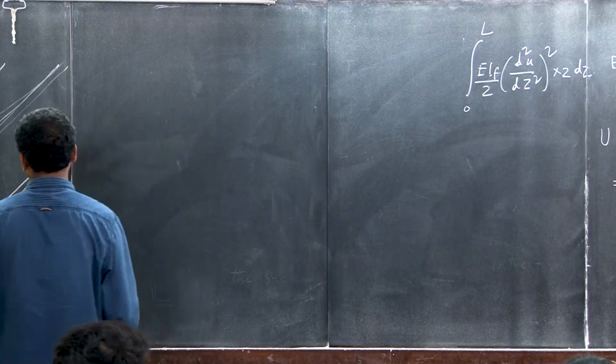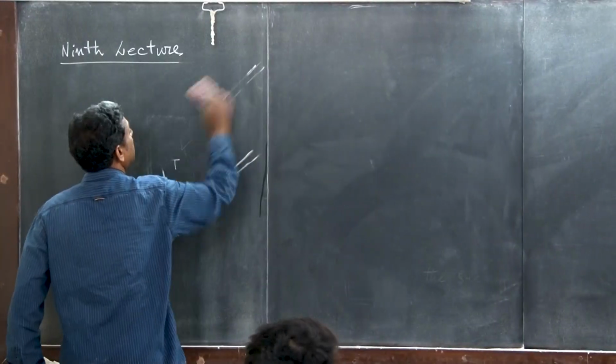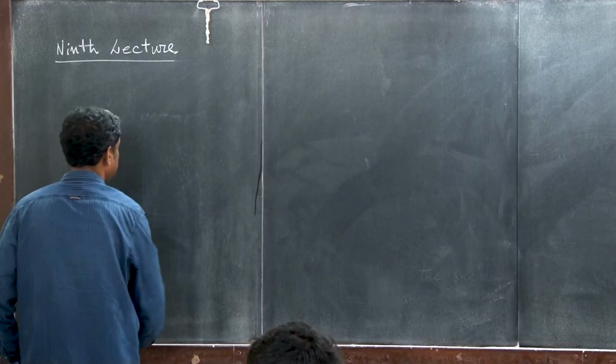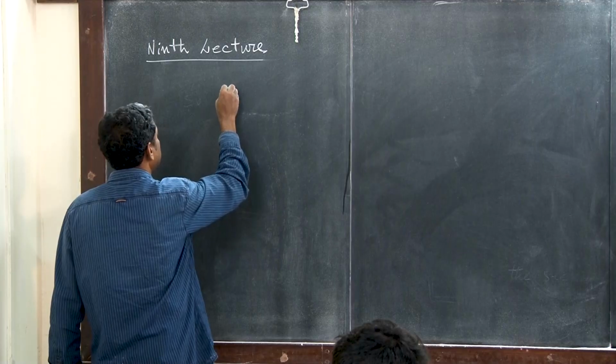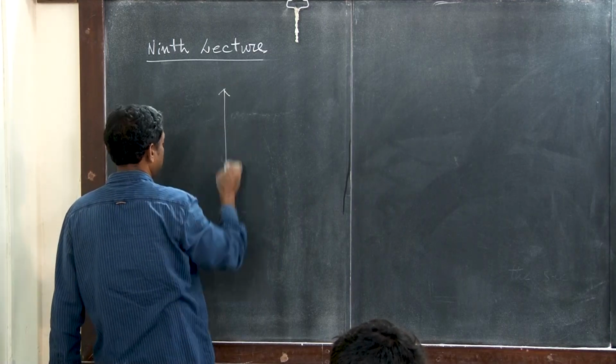So, when we derive this, now we are going to consider any arbitrary section, and in this section we are going to consider some column. Okay.